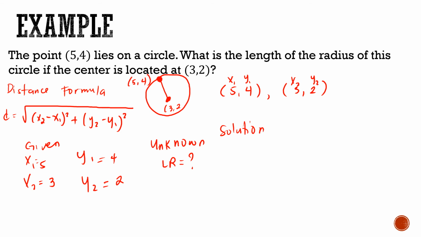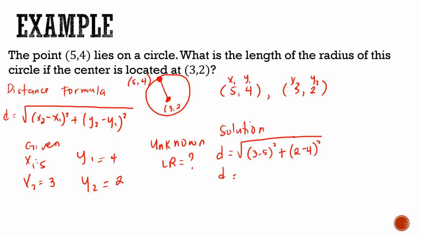So we have d is equal to the square root of the quantity x sub 2, which is 3, minus 5, squared, plus 2 minus 4, squared. Solve.